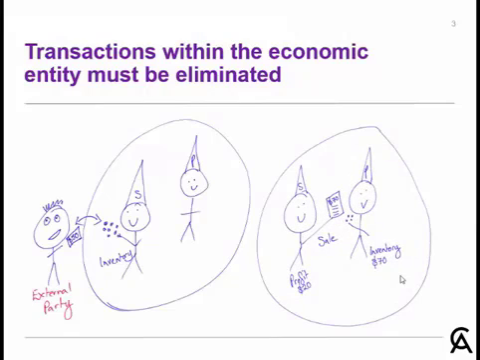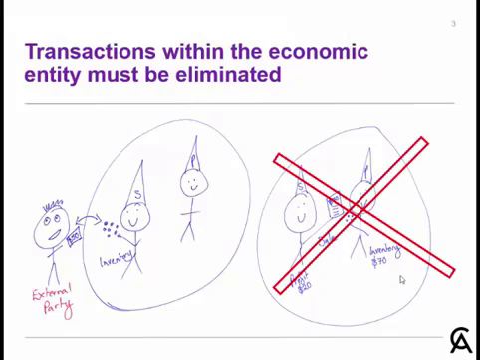But if the sub then goes to sell it to the parent for $70, then we're not going to recognise that internal transaction that occurs within the economic entity. So the parent now has inventory for $70 and the sub's saying that there's a profit. So that internal transaction needs to be eliminated.